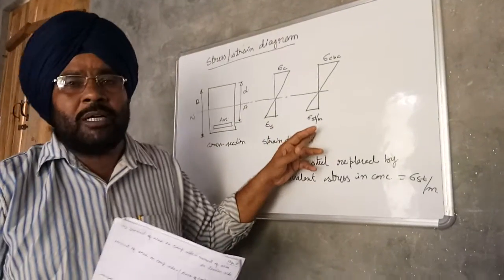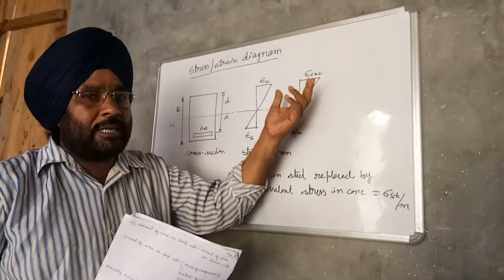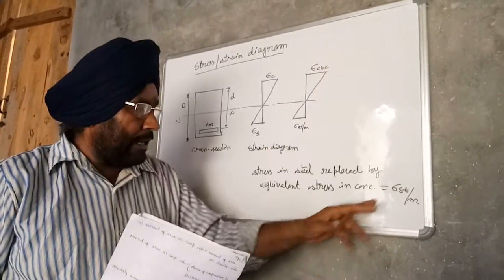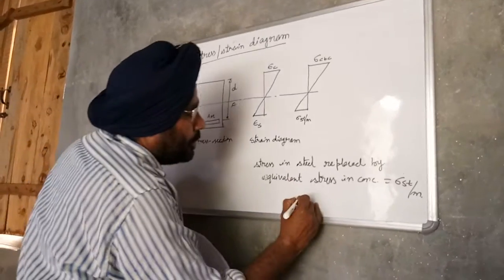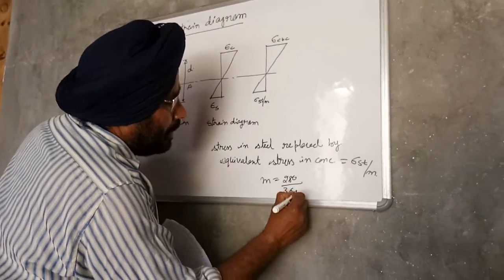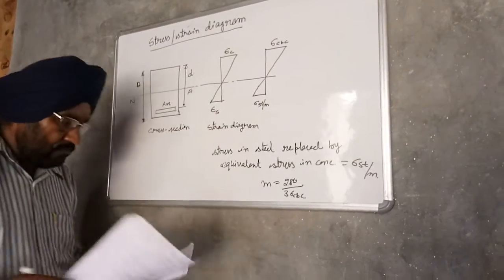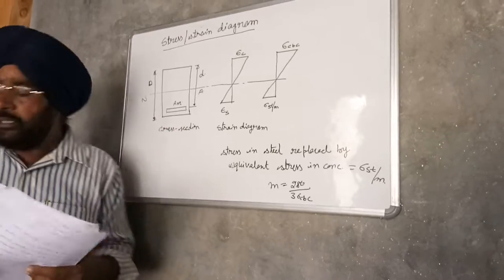Sigma st is the permissible tensile stress in steel, sigma cbc is the permissible compressive stress in concrete in bending, and m is the modular ratio. Its value is m equal to 280 upon 3 sigma cbc.